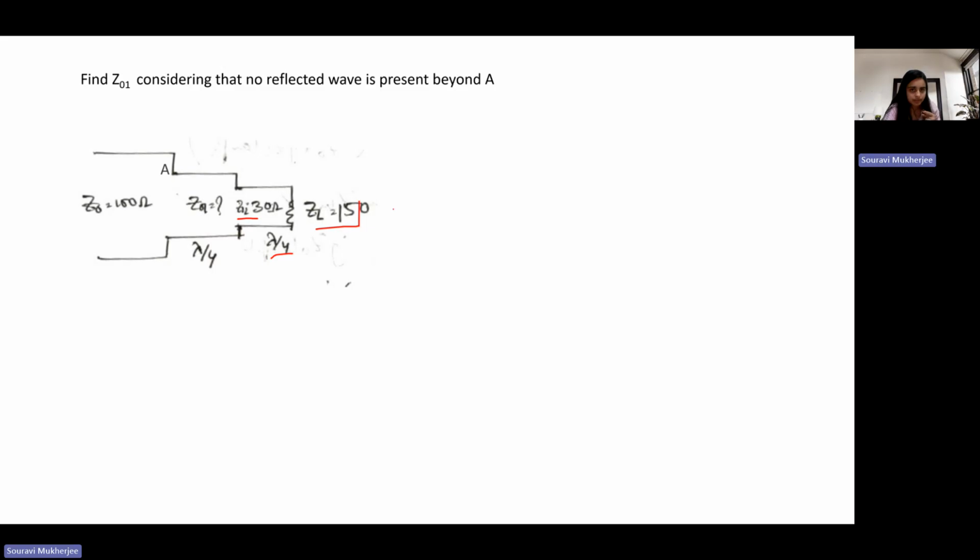So that means we can actually find Z in, right? What is the input impedance at this terminal? You can find Z in for this part of your transmission line, right?